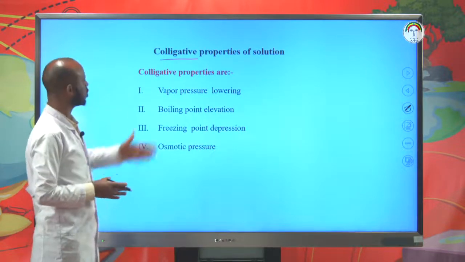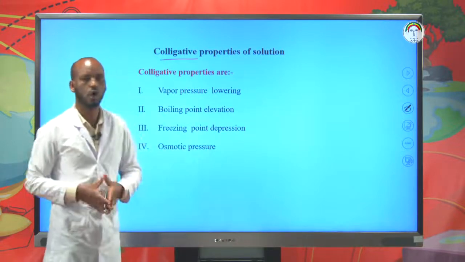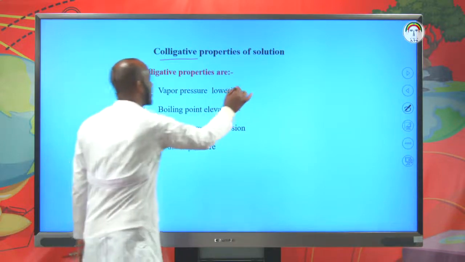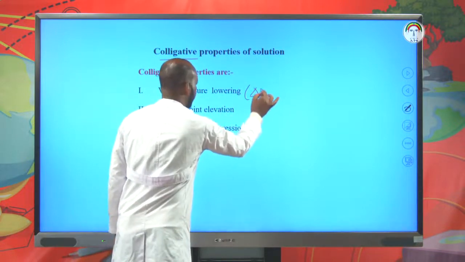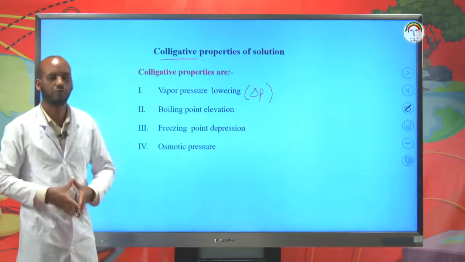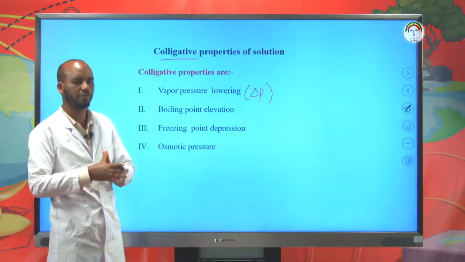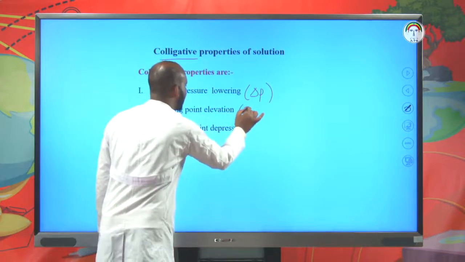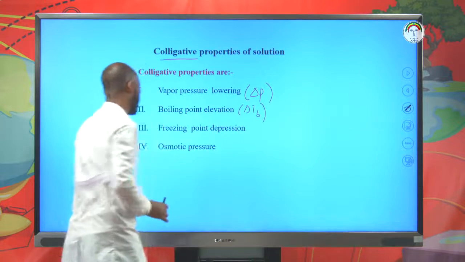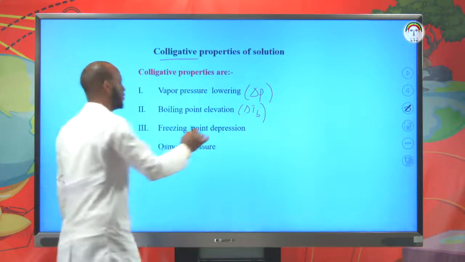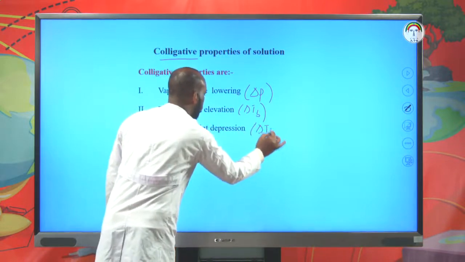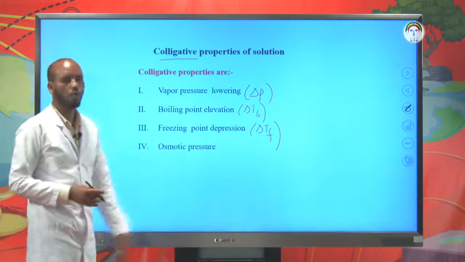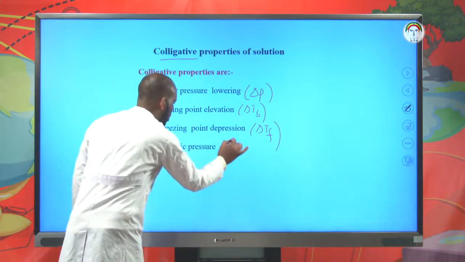The 4 most important colligative properties of a solution are vapor pressure lowering, denoted by the symbol delta P, which depends on amount of solutes or concentration of solute; boiling point elevation, denoted by the symbol delta TB; freezing point depression, delta TF, lowering in freezing point; and osmotic pressure.